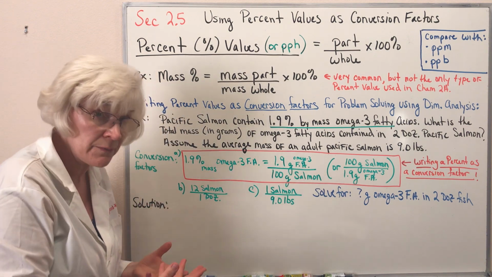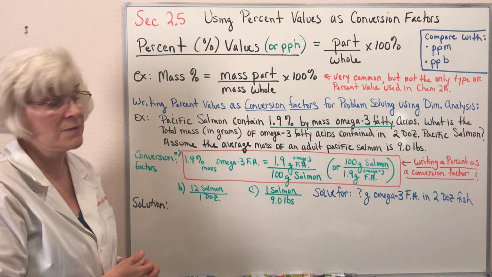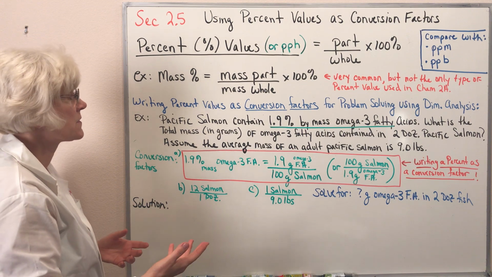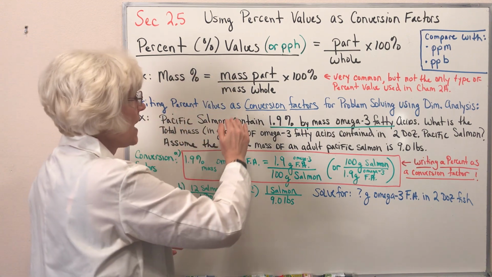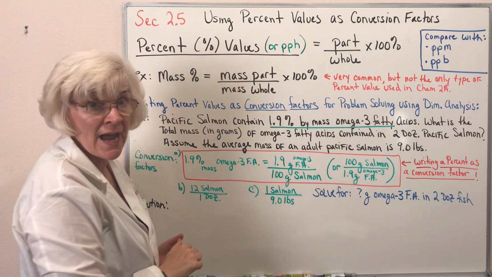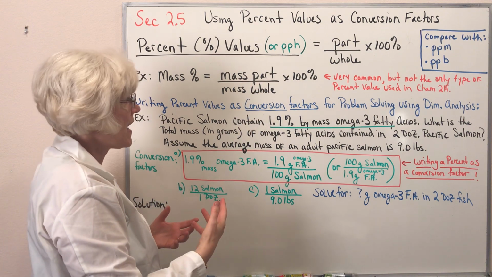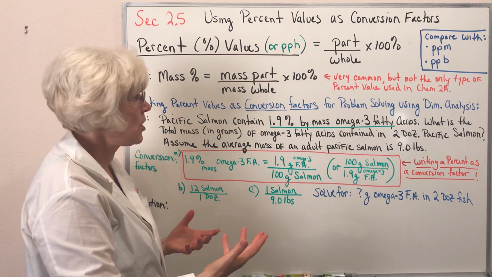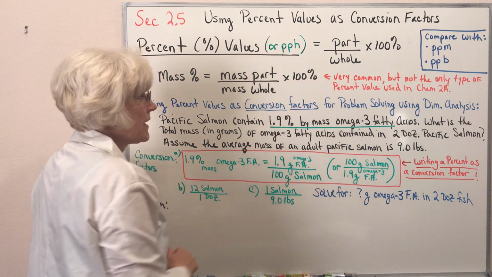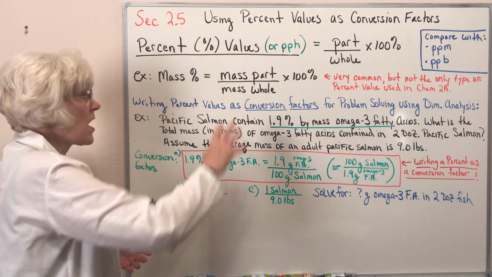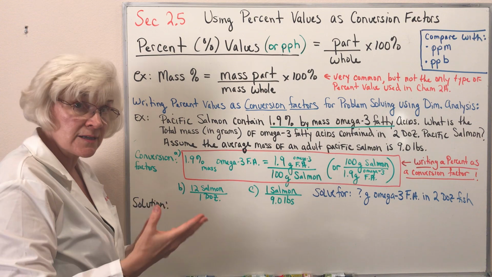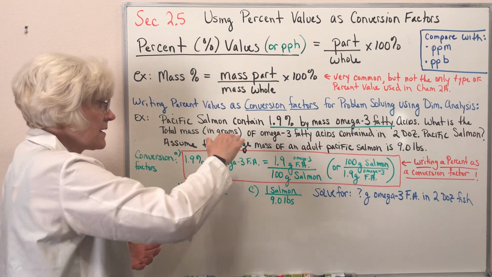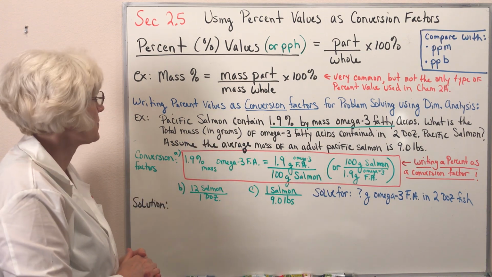It's a common percent, but not the only type of percent value that we use. So mass percent would be the ratio of the mass of a part to the mass of the whole or total, multiplied by 100%. And I'll illustrate this concept of mass percent in the problem shown below.